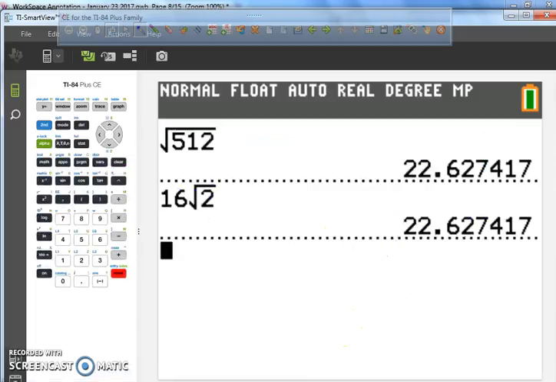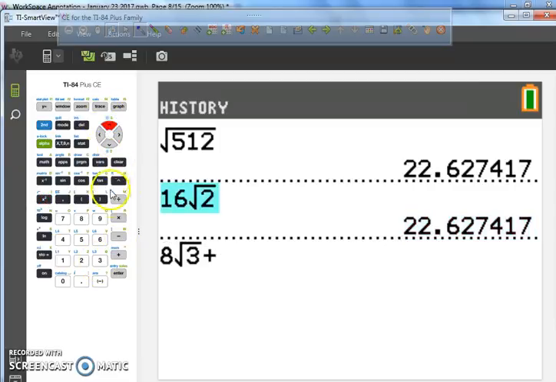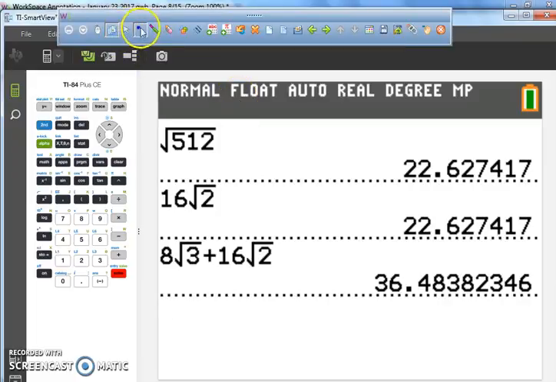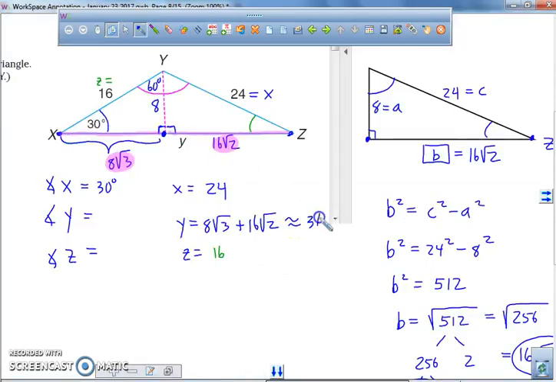So 8 radical 3 plus 16 radical 2, press enter, 36.48, rounded to 36.5 is fine. 36.5 units. That is your distance of y. I want you to understand that y is the whole thing from here all the way across.